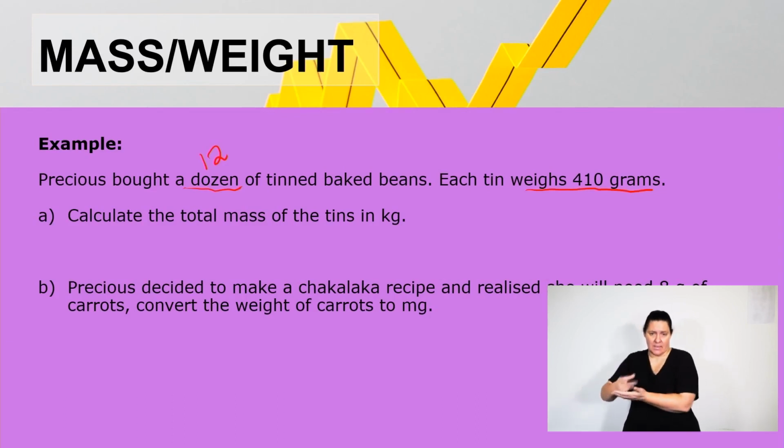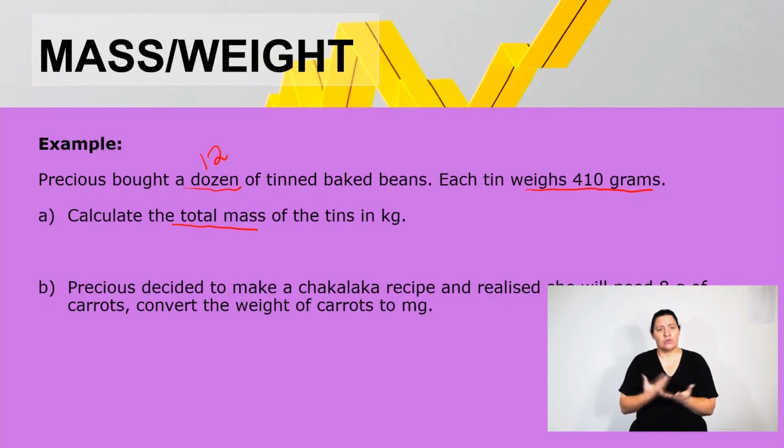Each means one, which weighs 410 grams. Calculate the total mass. In maths literacy, total simply means you will have to add or multiply, but at the end of the day, you combine everything. Calculate the total mass of the tins, and this should be in kilograms.